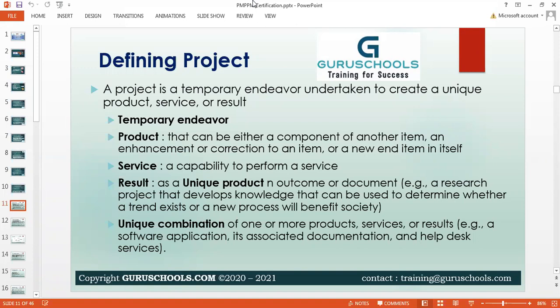So if Maruti is trying to create, let's say, 3000 Brezza, which is an SUV-like model in India, then Brezza in 2021 is a project. They allocate a certain budget and certain resources to this temporary endeavor.